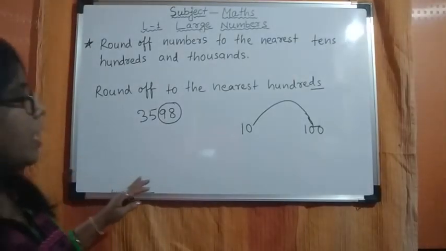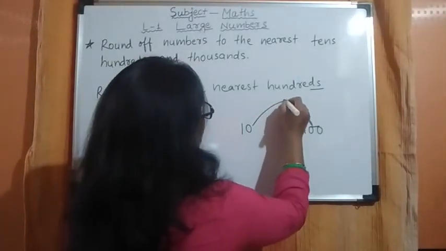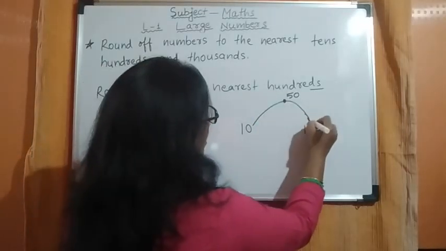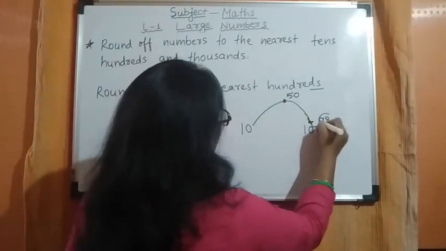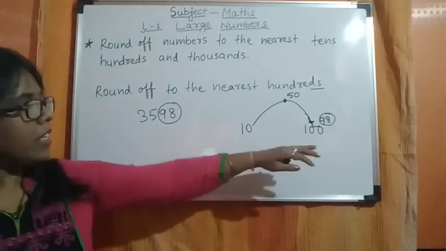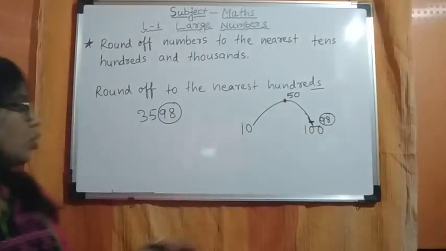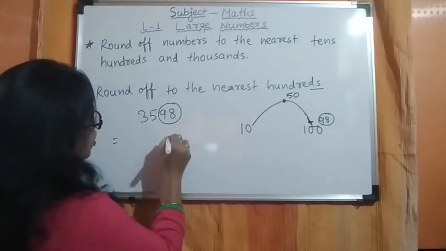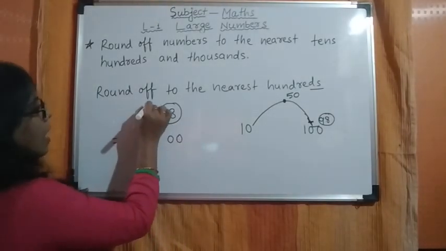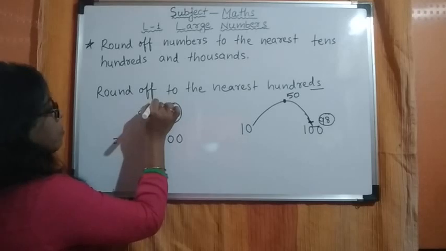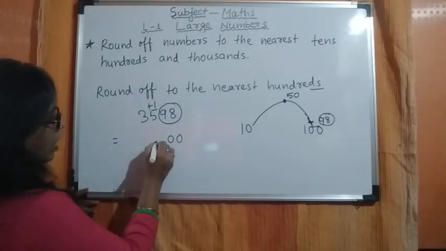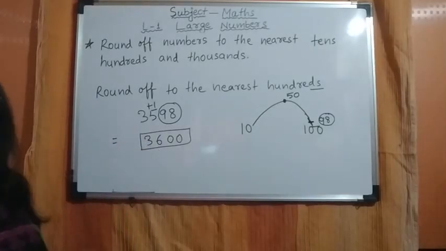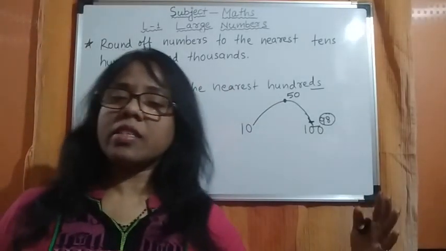In the midpoint it is 50. Now see, after 50, 98 will come here. So 98 is near to 100. So we have to put 0, 0 at both places, and at 100's place we will add 1. So here it will be 3600. This is rounding off to nearest 100.